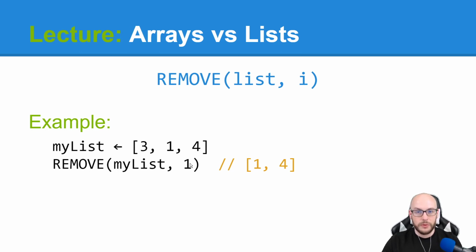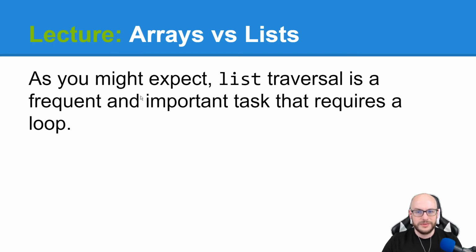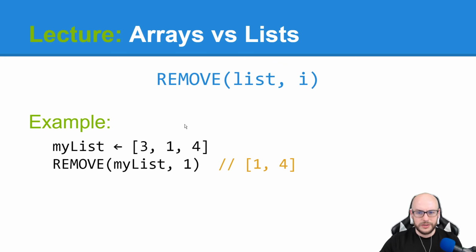Not element 1, index 1. Okay, index 1 is actually a 3. So that is going to get deleted, but we're not leaving a 0. It is getting completely removed, and the list will dynamically adjust as a result, right? Those elements are going to shift over to close up that gap. As you can imagine, deleting something kind of in the middle would cause stuff to shift over as well.